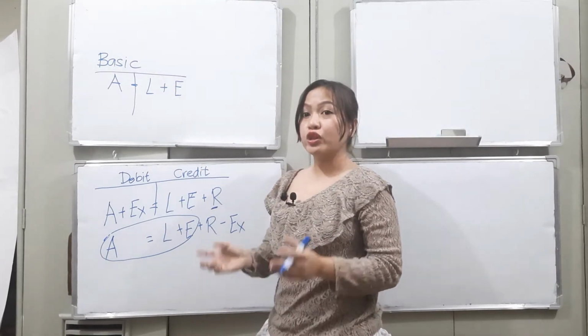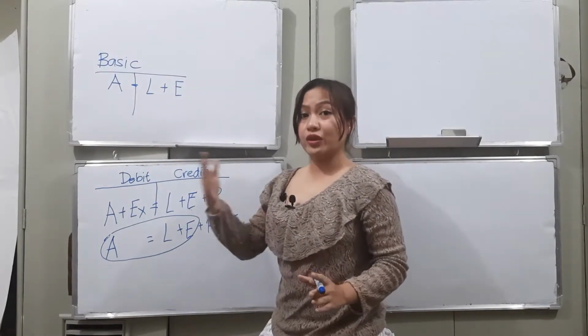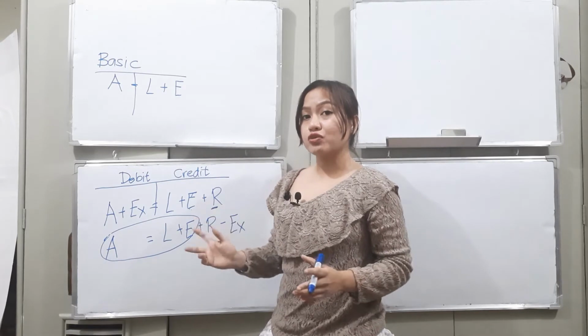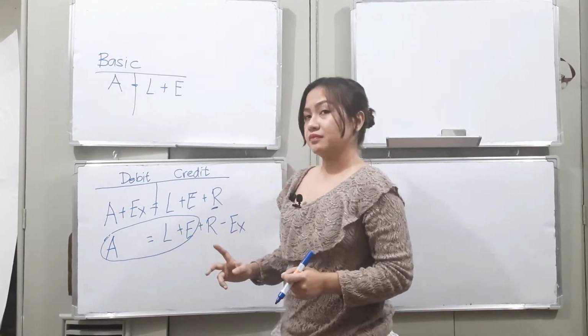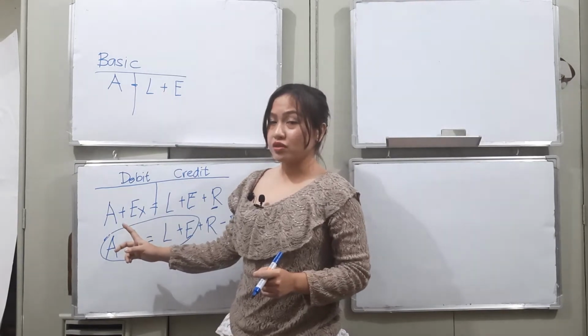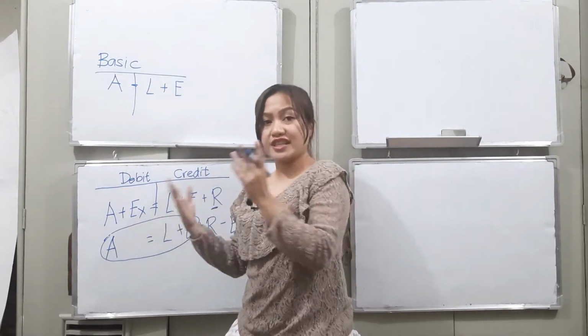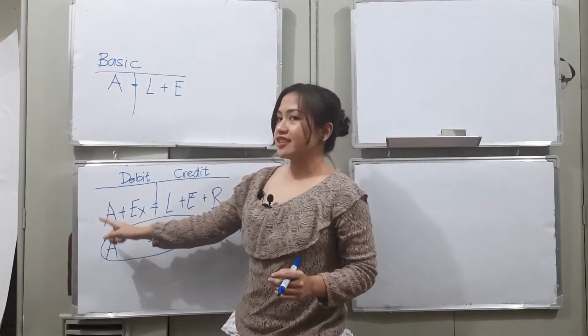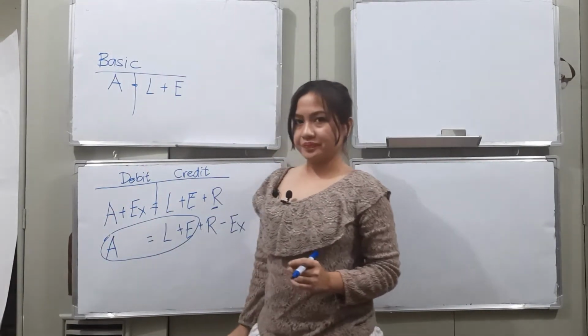Unlike postpaid, you will use first, then you will pay. But if you pay first before using, that is prepaid. So, since that is not yet used, that is to be used in the future, days after, that is an asset. It's a resource of the business. So, since it is an asset, that is a debit.